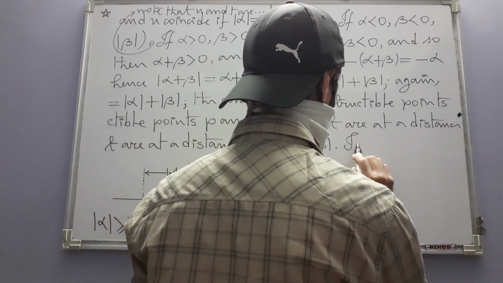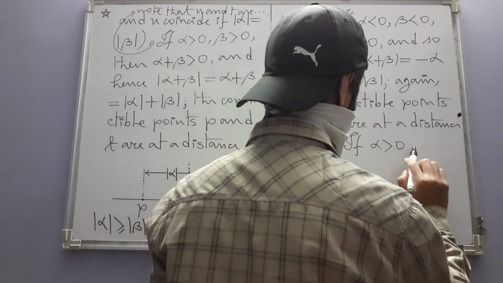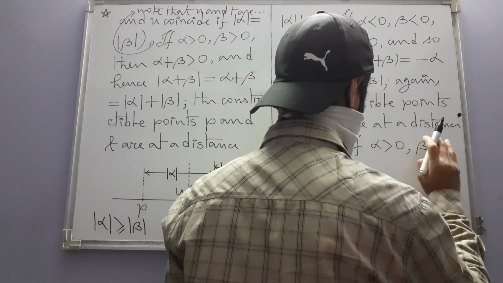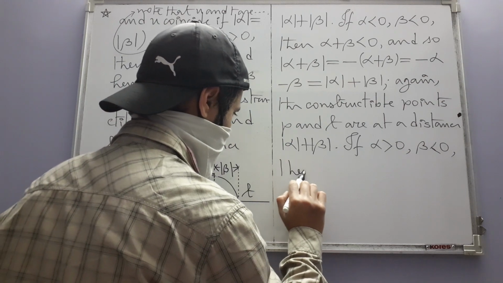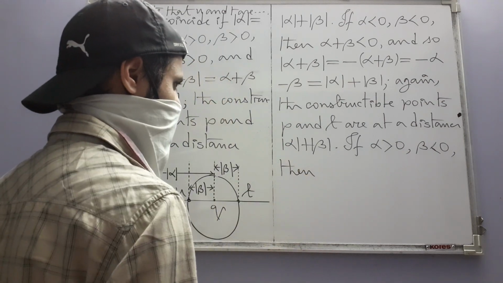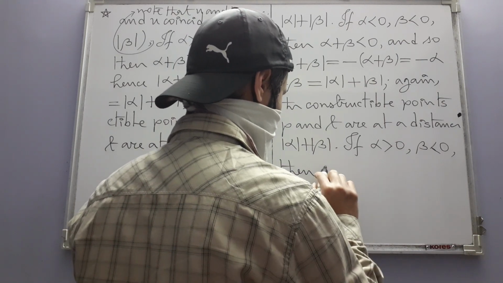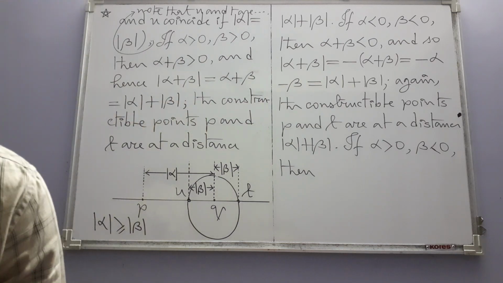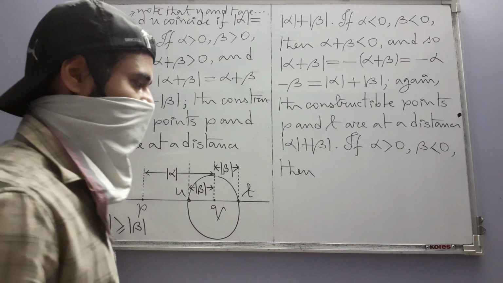Now if alpha is greater than 0 but beta is less than 0, then what was it? I forgot the trick that we have here.